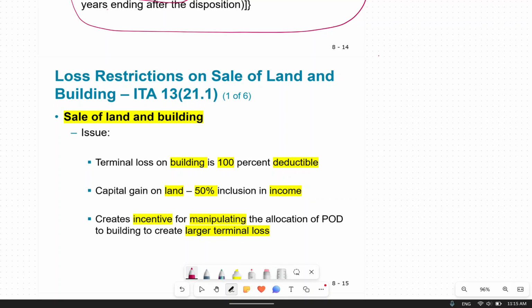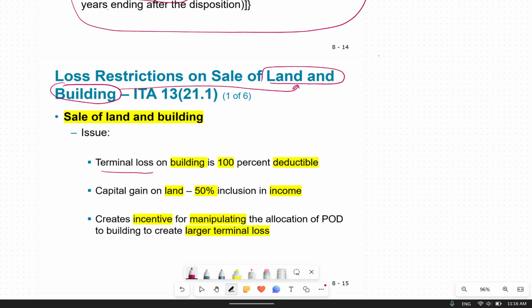Then we have a loss restriction on the sale of land or a building. When you sell land, and you sell a building, that building is of course built on land. When you sell both, how do you treat this? When we sell a building, first of all, you could have a terminal loss because a building is a depreciable property.